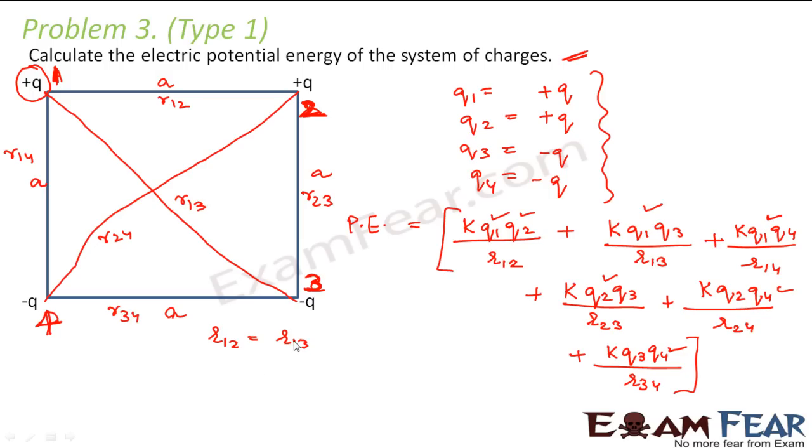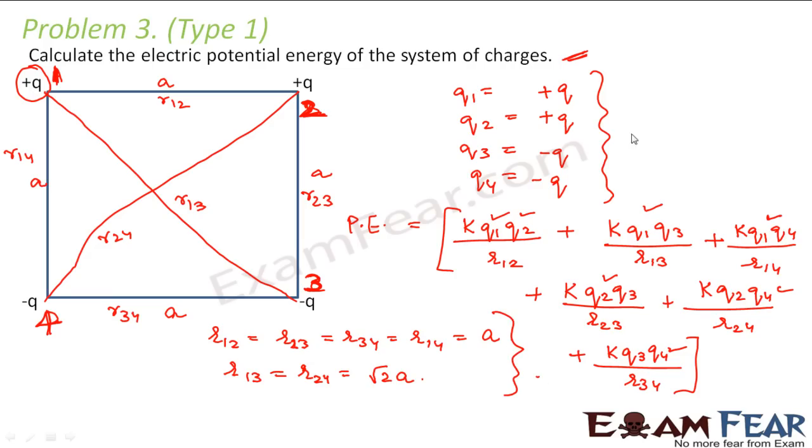So what are the values? R12 will be equal to R23, will be equal to R34, will be equal to R14. These all will be equal to the side of the square. When we talk of R13 and R24, they are the diagonals of the square, so they become root 2 into the side of the square.